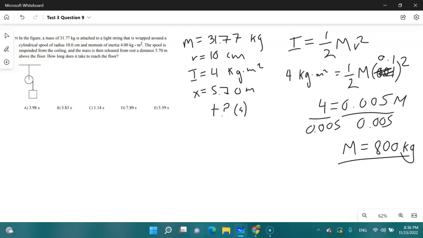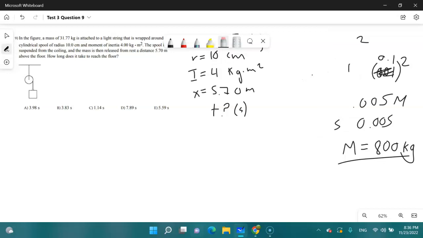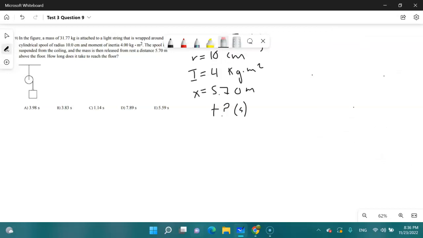And now the other value that we do need to find is the acceleration in this case. So now we know that the other mass is 800 kilograms, but we need to know the acceleration of the whole system. So the acceleration is going to be equal to the mass times g over the mass plus the inertia over the radius squared.